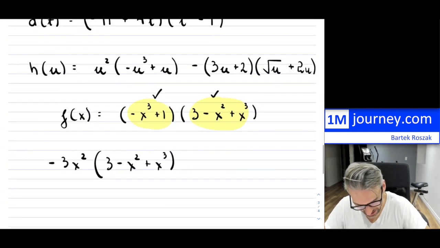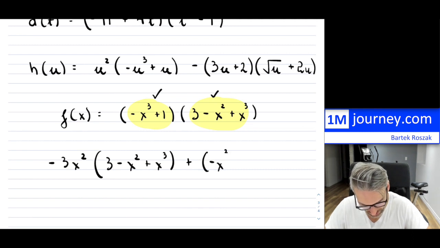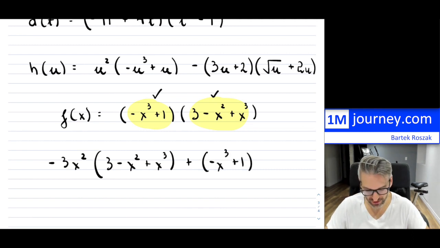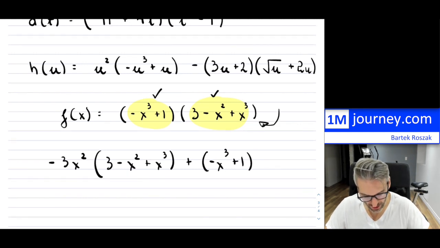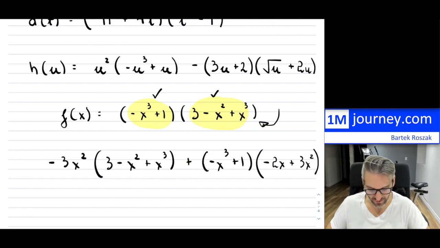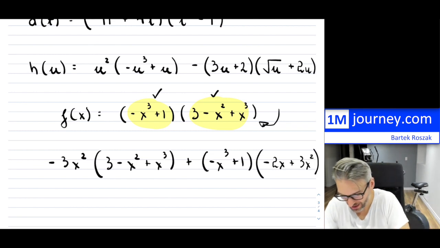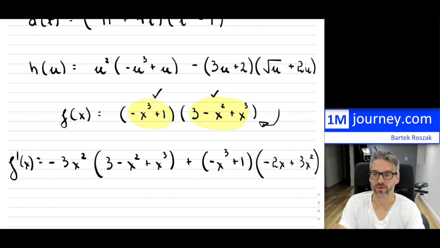So now I will take plus. I will keep the first function the same, so this factor. And now I will differentiate this one. Now, differentiating this would be negative 2x plus 3x squared. And that is now my full derivative of the entire thing.